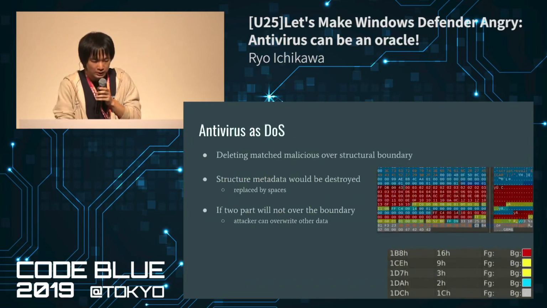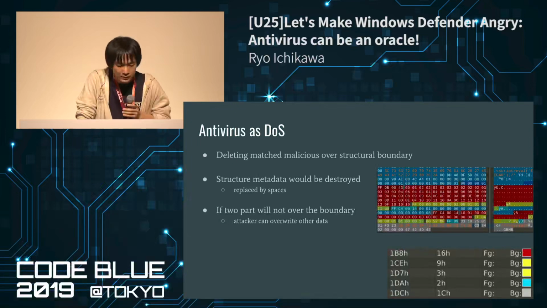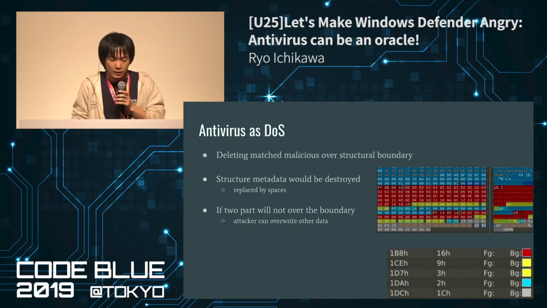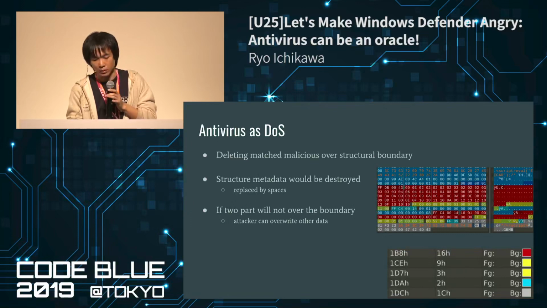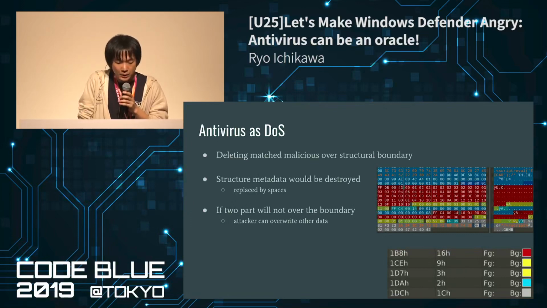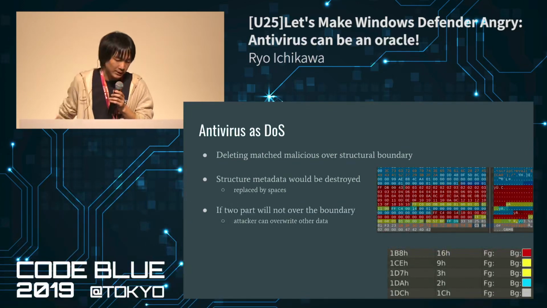Another method is antivirus as denial of service. Because it deletes much of the malicious content, if the matched parts go over a structural boundary, the structure metadata will be destroyed because it's replaced by spaces.